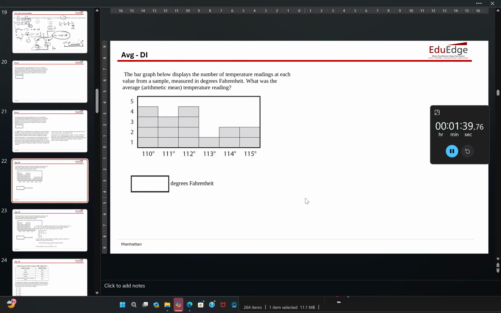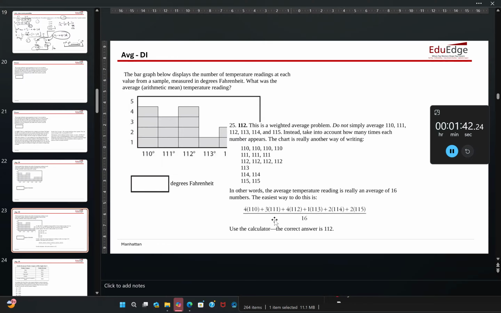Same frequency. 110 into 4 plus 111 into 3. Yeah, correct. This one.